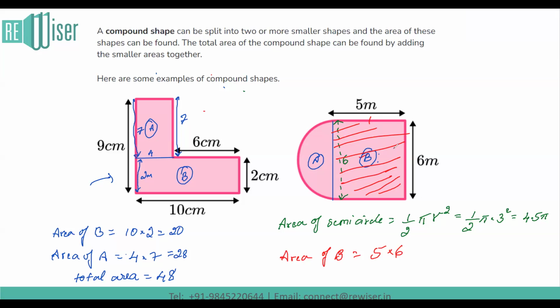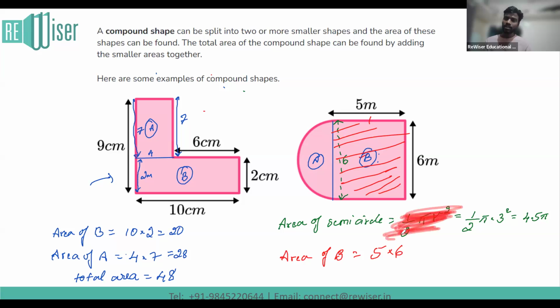How did we get the area of the semicircle? Is that your question? Yes. This is the formula to calculate the area of a semicircle. Have you seen this formula ever? Yes. Half into pi r squared, and this is the area of a semicircle. And pi, I'll keep it as it is. We just saw that the diameter of the semicircle is 6, which means the radius is going to be 3, right?